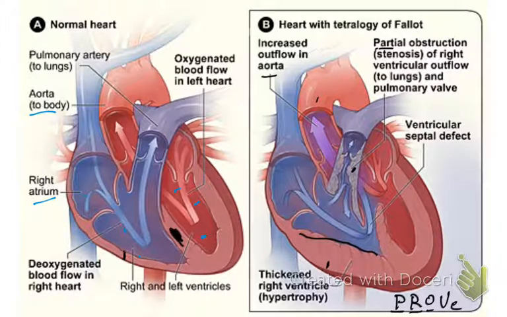This is right here. If you have a ventricular septal defect, the deoxygenated blood is going to mix with the oxygenated blood, and it's going to be a mix of blood here. Okay, so basically this is the pathophysiology of tetralogy of Fallot.